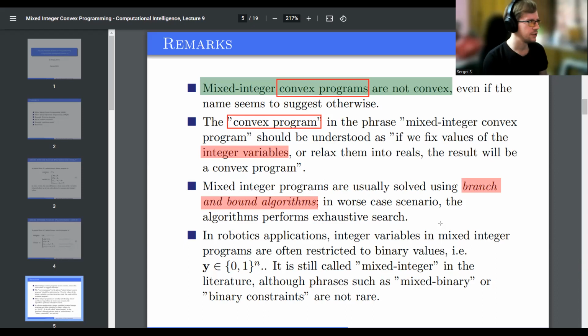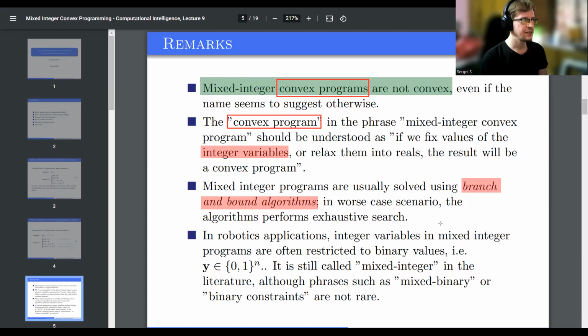You solve essentially a convex problem, but with one additional nuance. Some of the variables have to be integer. But since we know a lot about how to solve convex problems, we take advantage of this knowledge. Since we know a lot about how the problem will behave if we pretend like the variables are not integer but continuous, we can also use this knowledge to approximate. So somehow those factors allow us to solve this problem. Okay.